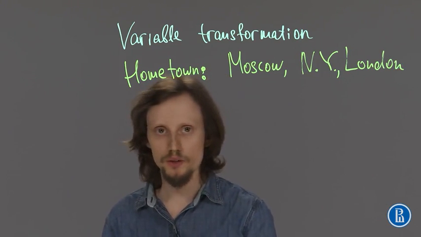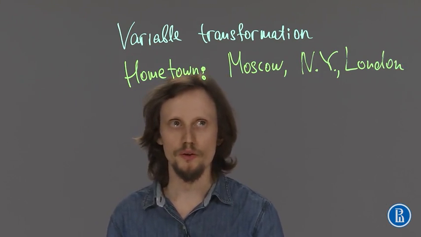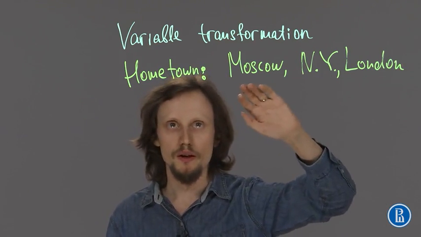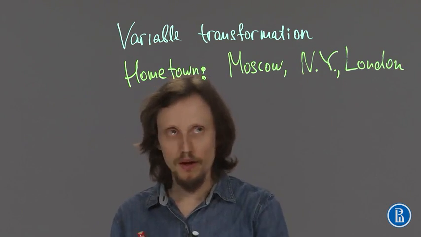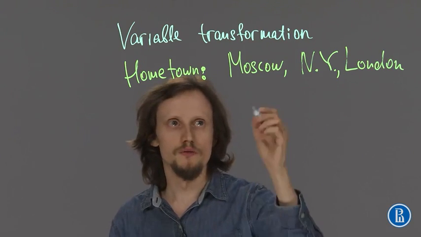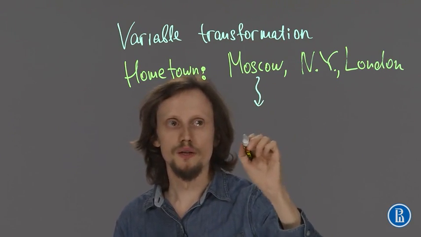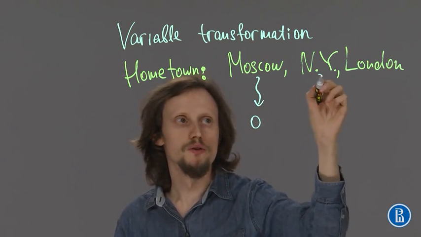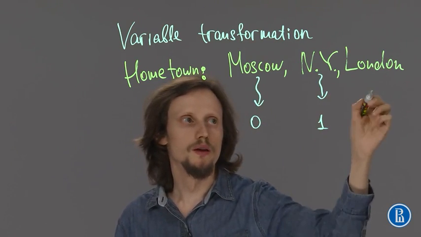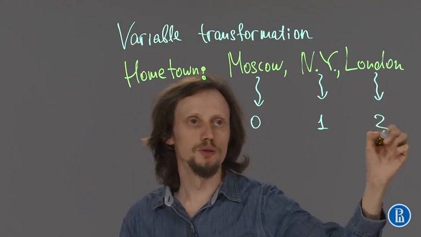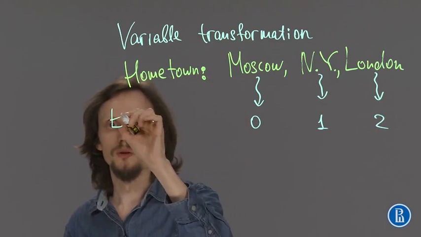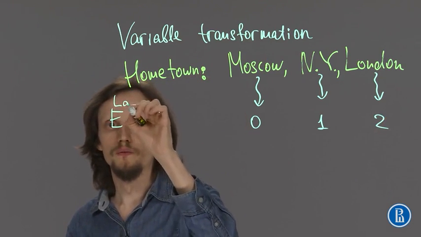And I can use the so-called label encoder to encode this variable. In this case, I say that, for example, Moscow is encoded as 0, New York is encoded by 1, and London is encoded by 2. This is called label encoder.